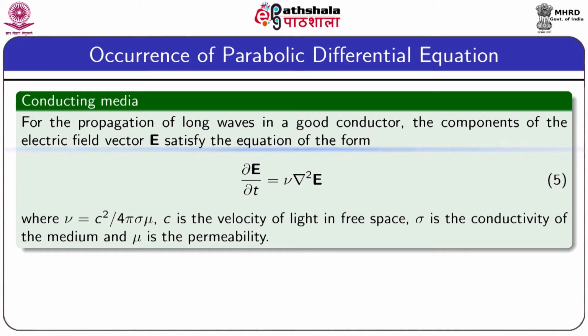Then the components of the electric field vector E will satisfy the equation del E by del t equals nu grad square E, where E is the electric field vector and the constant nu is defined as c square divided by 4 pi sigma mu, where c is the velocity of light in free space, sigma is the conductivity of the medium and mu is the permeability.